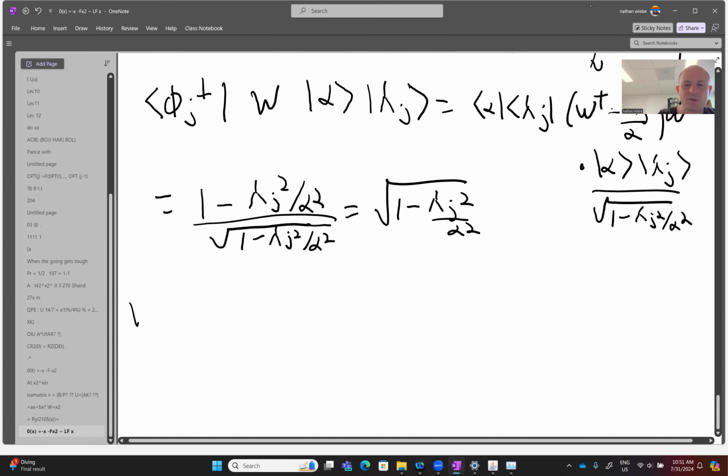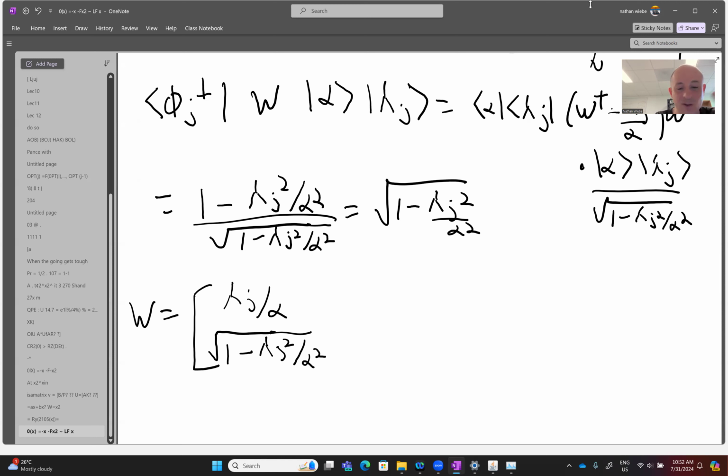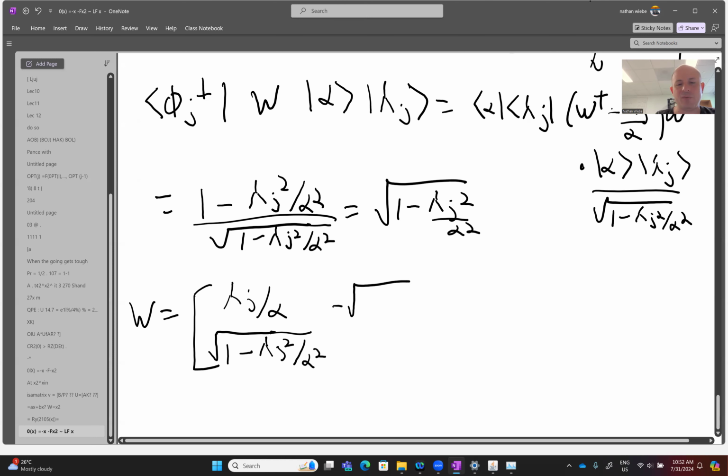So if we combine these two results together, we get that W is equal to, from our first component, lambda j over alpha. This one down here is the square root of 1 minus lambda j squared over alpha squared. And here, the first thing to notice is that the first column is clearly a unit vector, so there's nothing else that we can potentially add to it. Going through and computing the rest of the matrix elements, I won't bore you with the algebra, but it's similar.